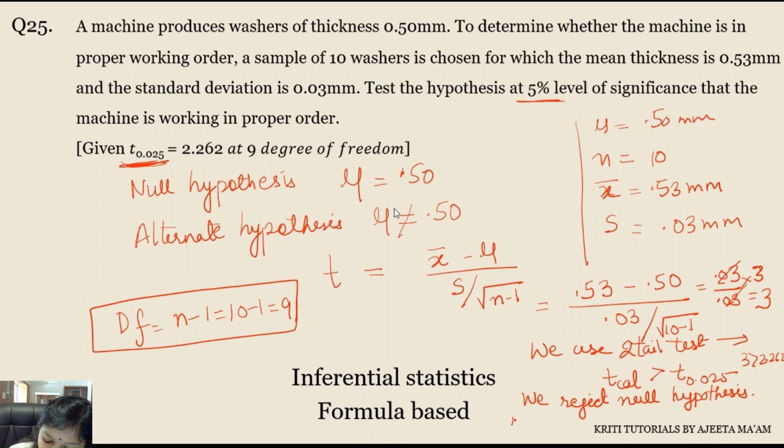That the machine is not working properly. It's very important to write because they have asked you to test the hypothesis at 5% level of significance that the machine is working in proper order. So it means the machine is not working in proper order, right?